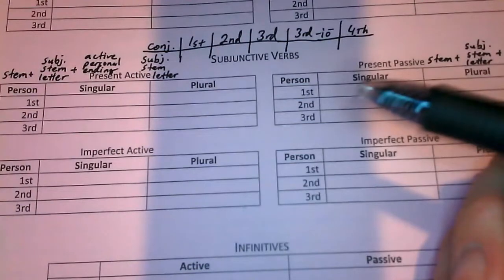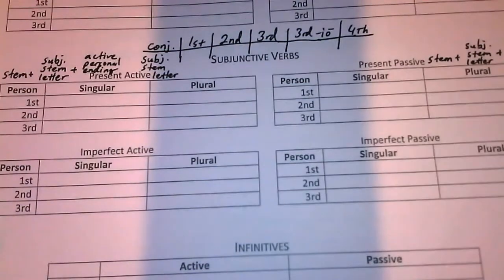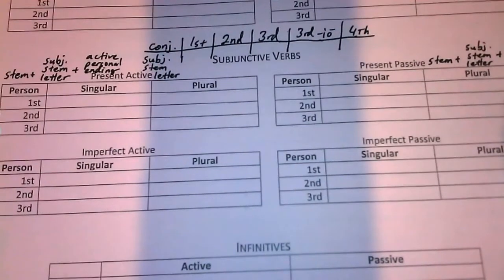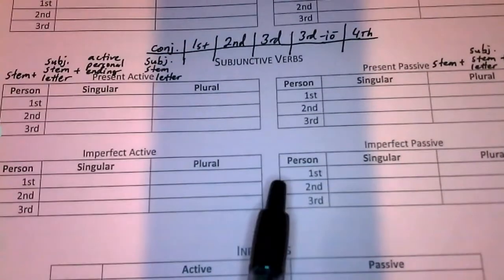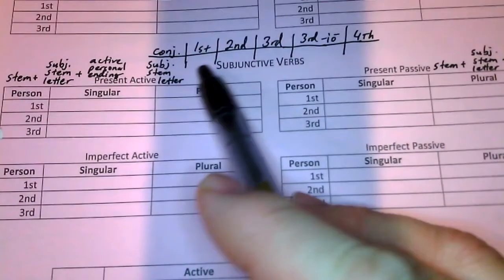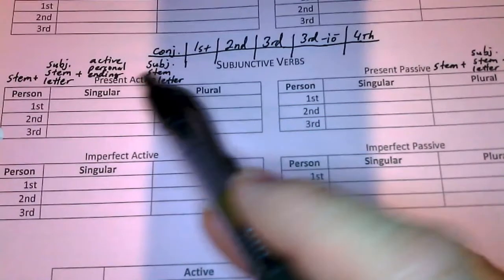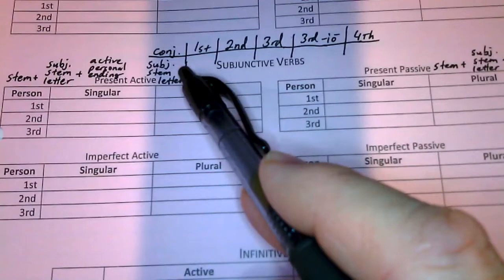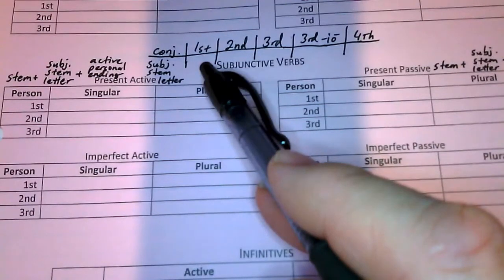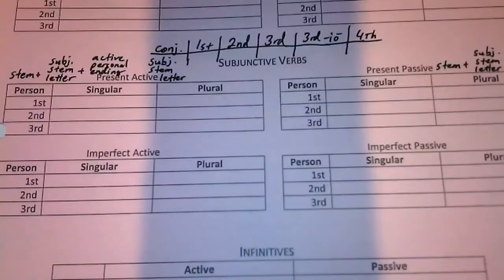Now, for most of you, you're not going to have to write very much, because everything should be filled in except for this little chart up here. So where it says conjugation and subjunctive stem letter, we already filled in the stem letter for first conjugation. You learned that in chapter 1. That stem letter is the letter E. So when we filled this in for amo, it's the stem, am, plus the stem letter E, plus the personal ending.